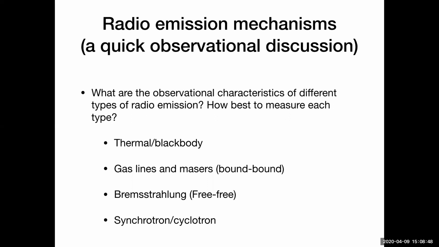So very quickly: what the main radio emission mechanisms are that we encounter most often, what some of their observational properties are, and then a few quick words on some applications of radio astronomy that involve using or interacting with these different emission mechanisms.